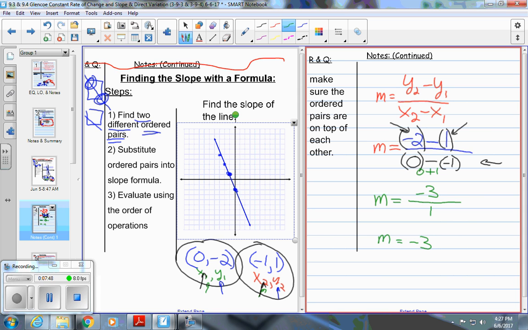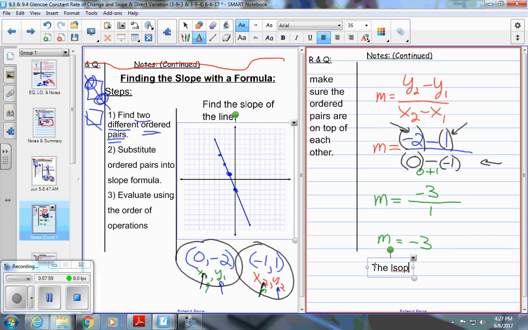The slope of this blue line in our problem is -3. So that's the answer, and I like to write that out in words so we totally understand what we're doing. The slope of the line was, it's not was, it still is, -3.